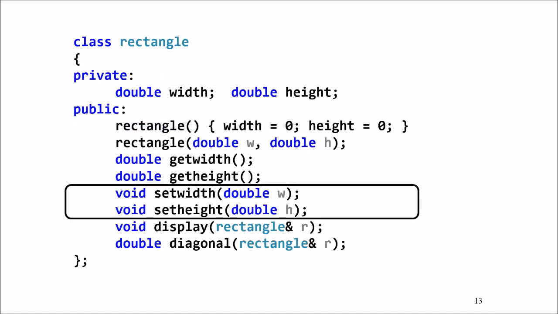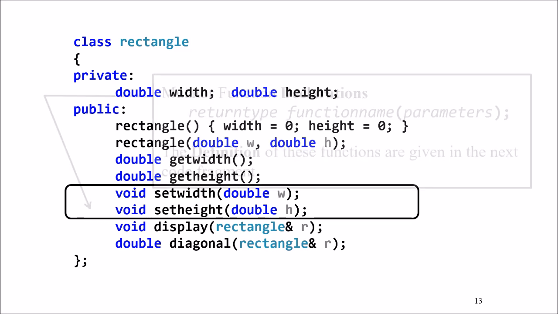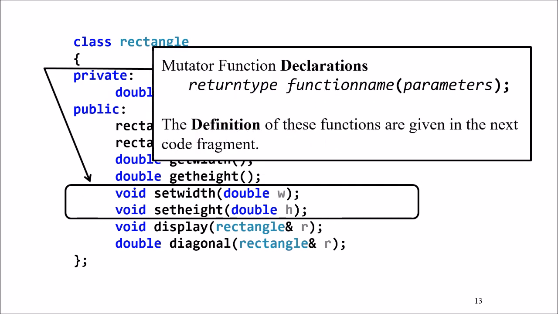Next, let's look at these two functions. They are designed to alter the values of the data members, so we can call those mutator functions. And they follow the same form. They have a return type, the function name, and then the parameter list. And we will use these functions to set the values of the width data member and the height data member.